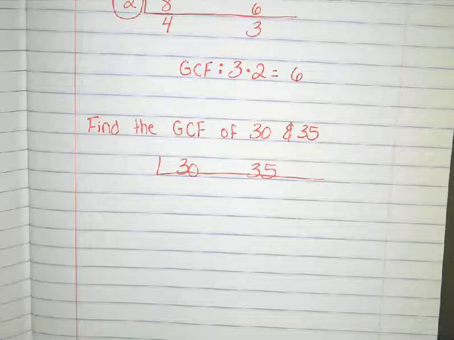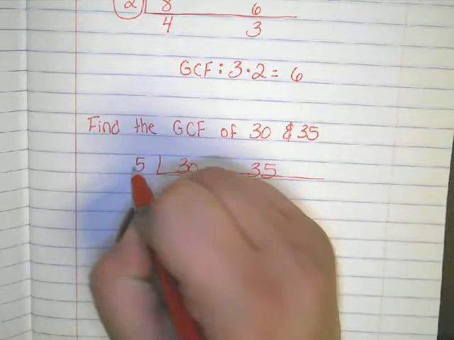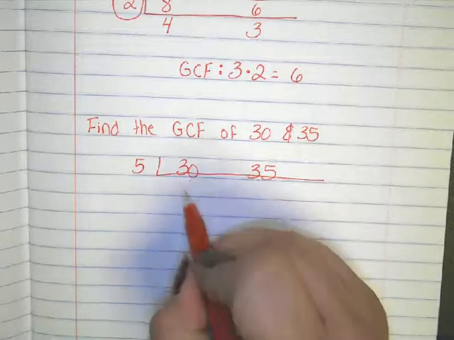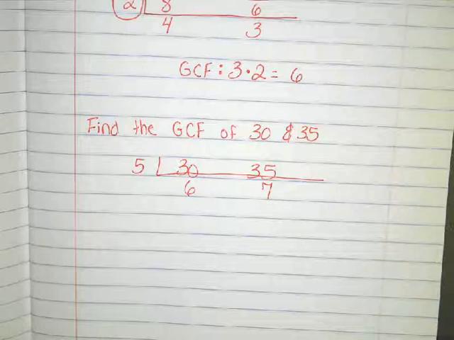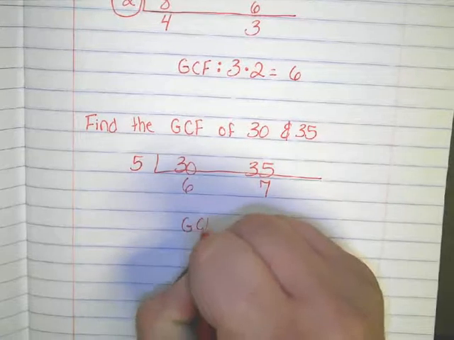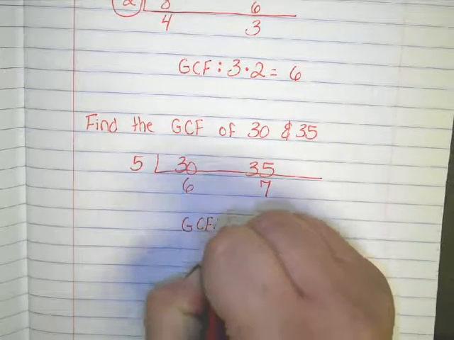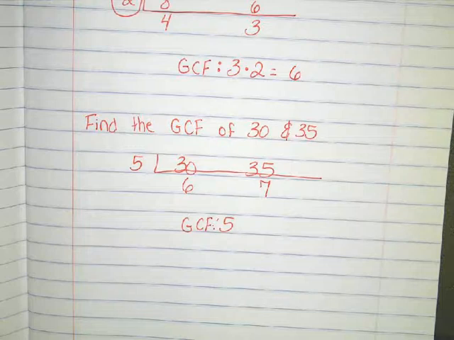How many 5s go into 30? How many 5s go into 35? Anything else work? One. Well, just one, right? Yeah. So what is my GCF? 5. 5. Very good.